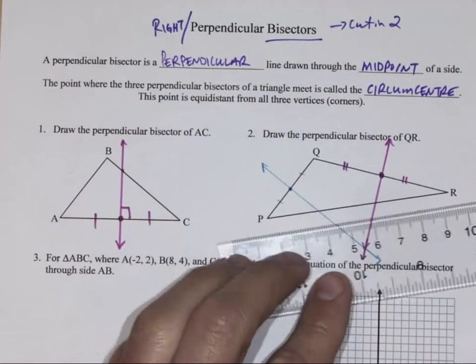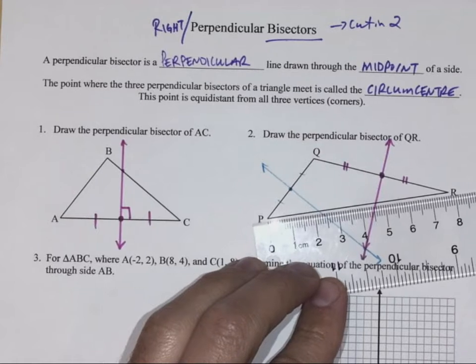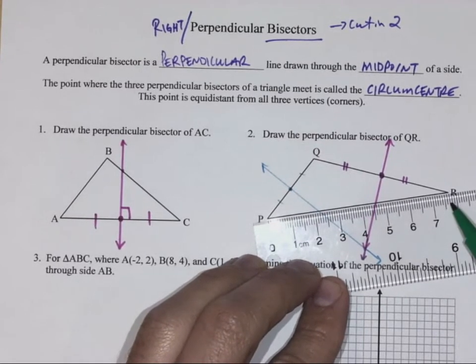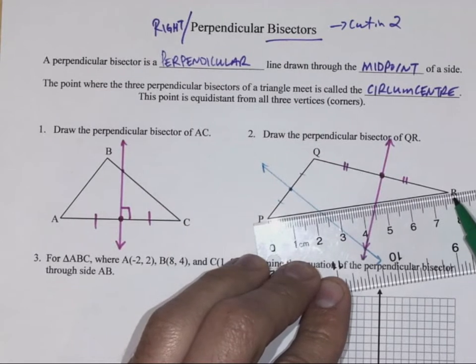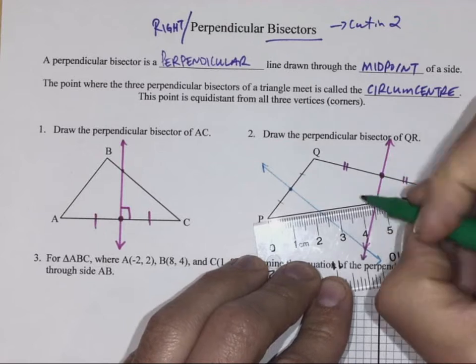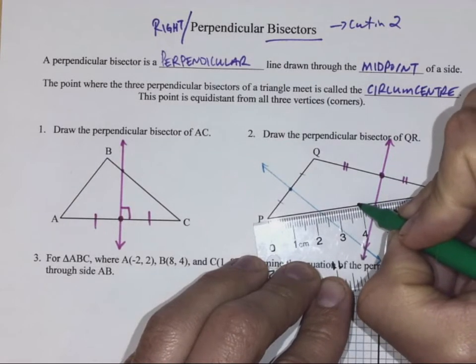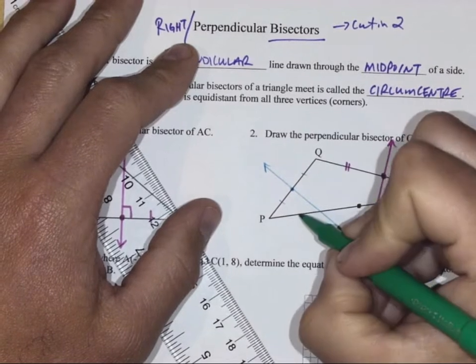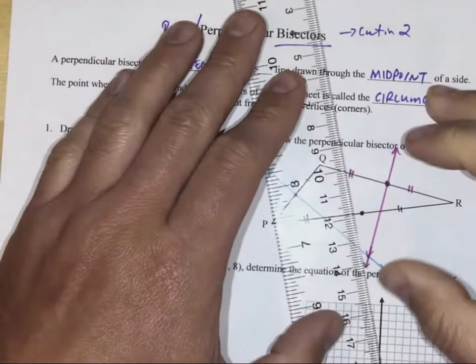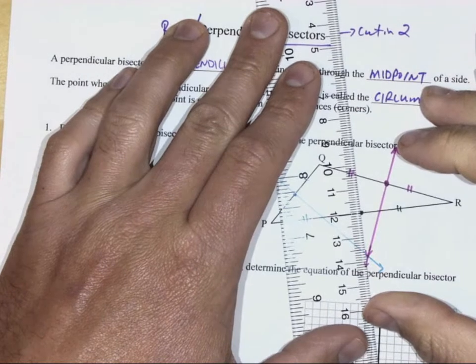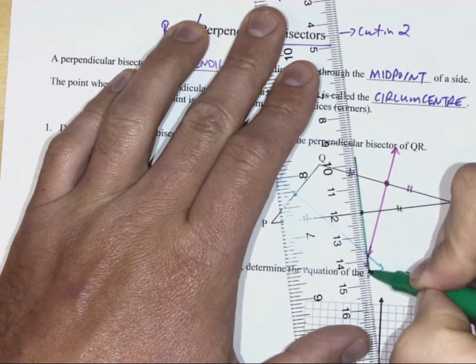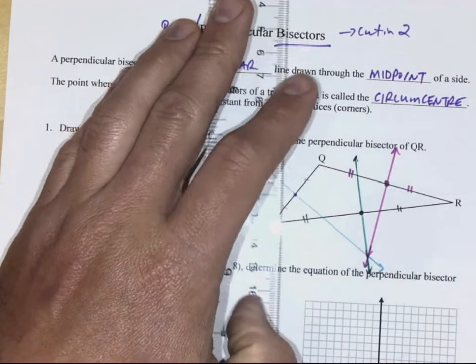Look at P and R. Crosses at 90. Look at that.